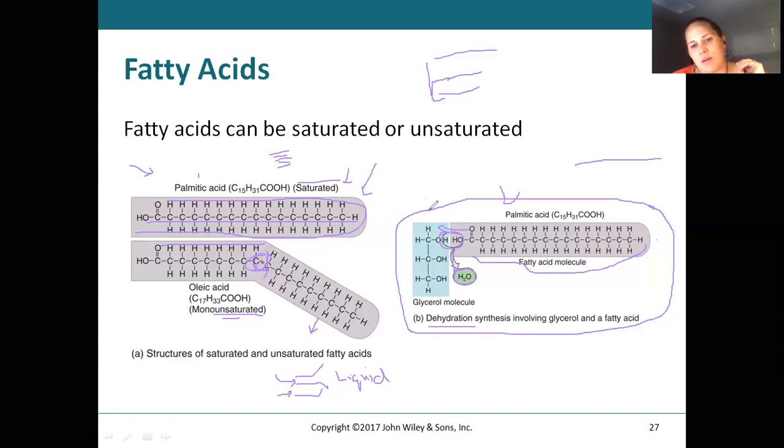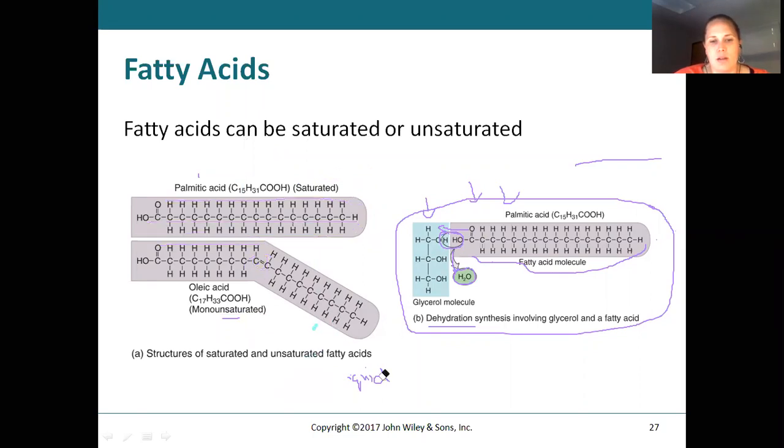So this glycerol molecule that you see here, and this fatty acid that you see here, essentially create a new molecule. Okay, so saturated and unsaturated fats, and then the dehydration synthesis to create a lipid.